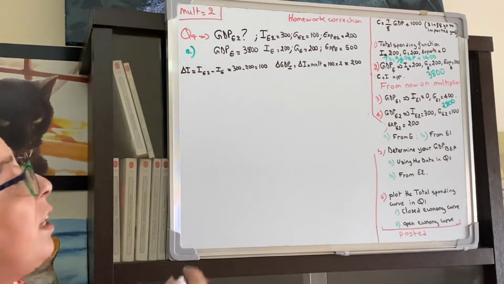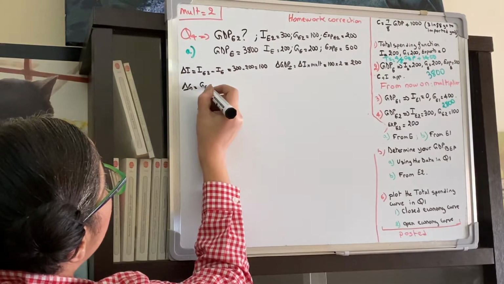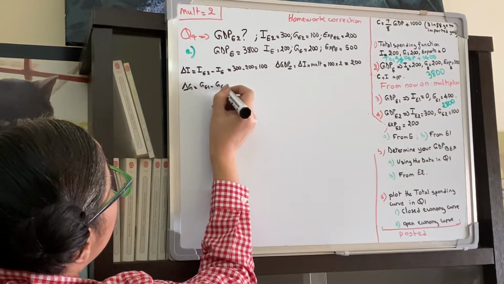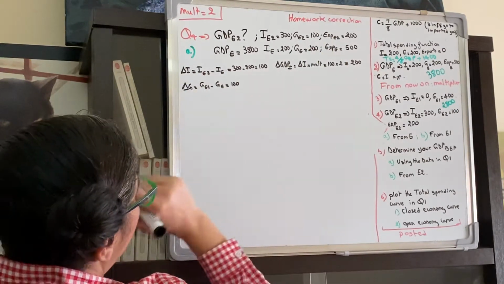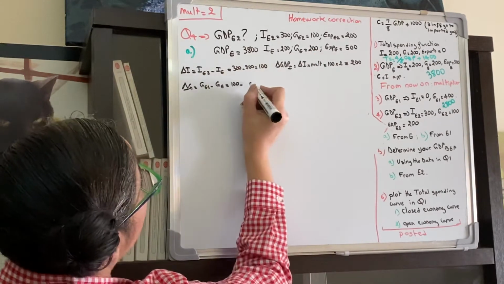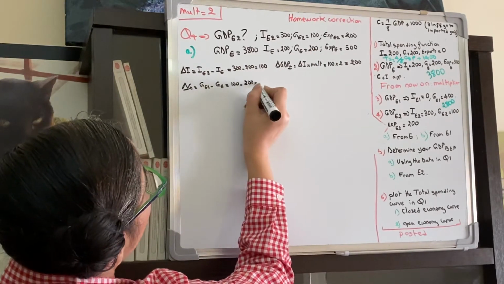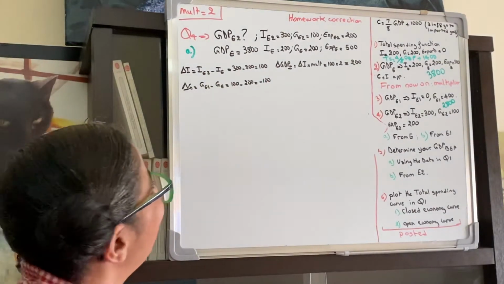Now I'll move into delta G. So delta G is equal to GE2 minus GE, where GE2 is 100 minus GE, which is 200. So it's going to give me negative 100. This wasn't done on purpose.